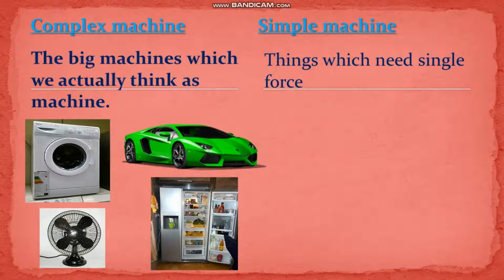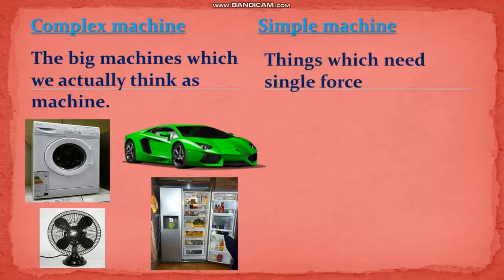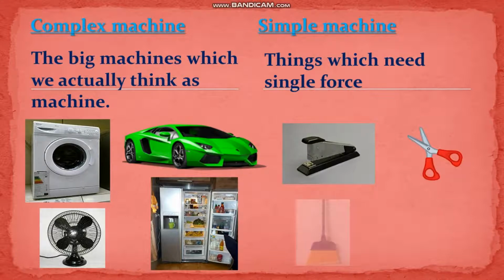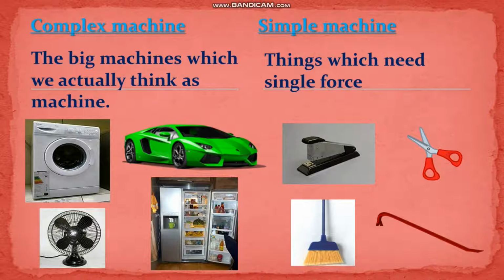Now what are simple machines? These simple machines help us to do things with a single force. For example, a stapler or a scissor or a broom or a crowbar.